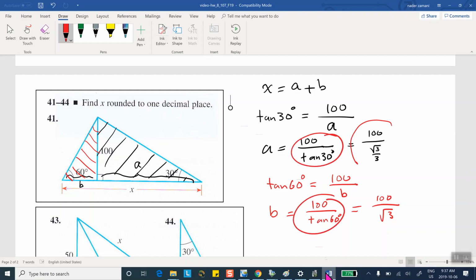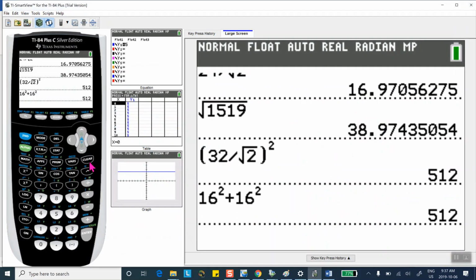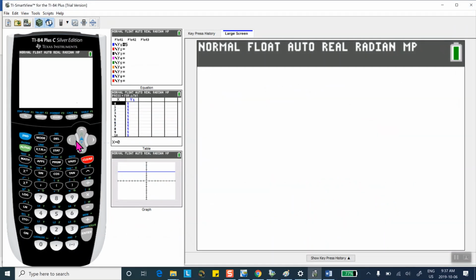So let's do that. Let me clear these things. Okay, so we go 100. And I have a suggestion. Because those angles were in degrees, let me change my mode to degrees.